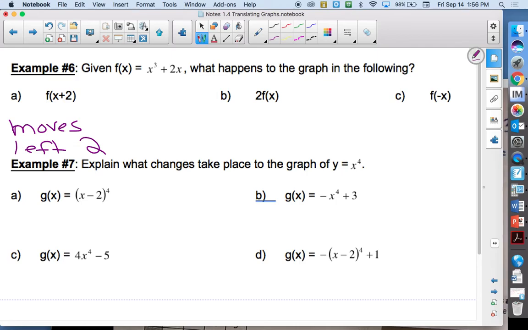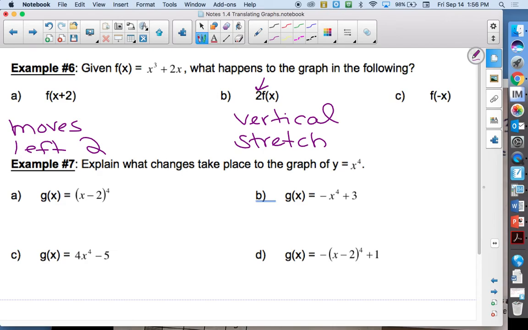So the middle one has a 2 in front. Kayla, what do you think that 2 in front would do to the function? Because this is your A, and that's bigger than 1. So it's stretching it, pulling it vertically.